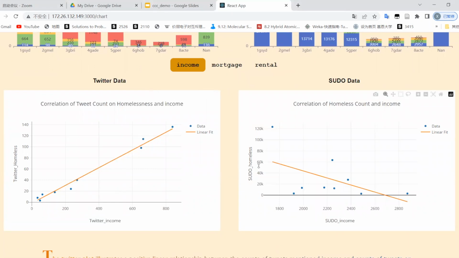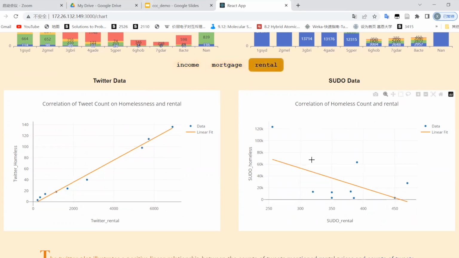In the Pseudo data, however, all three variables show a negative relationship with homeless. This suggests that the higher the income, mortgage, and rental, the lower the homeless.